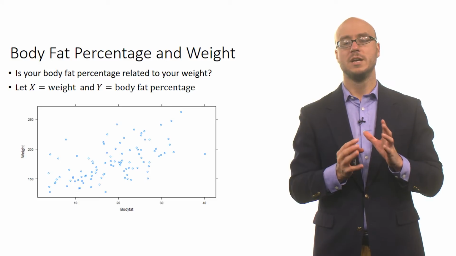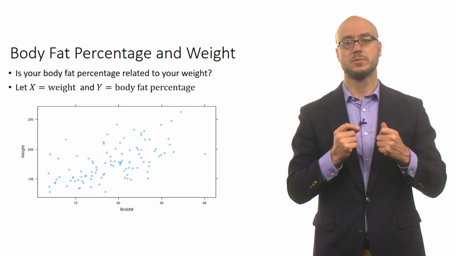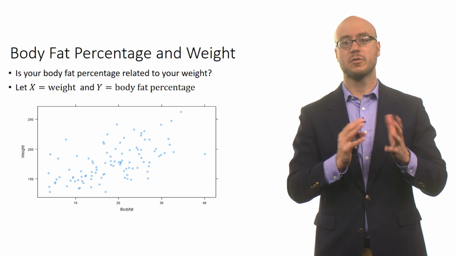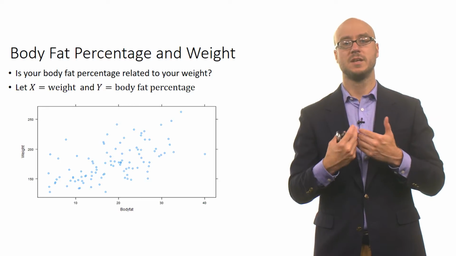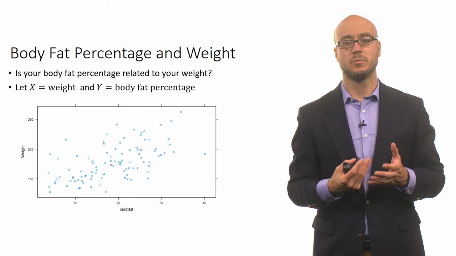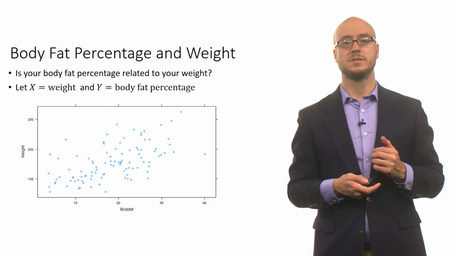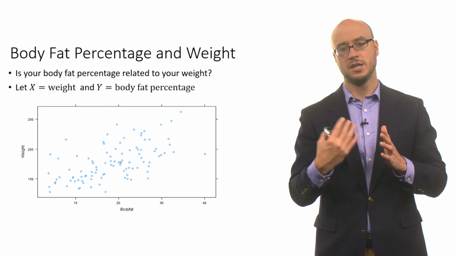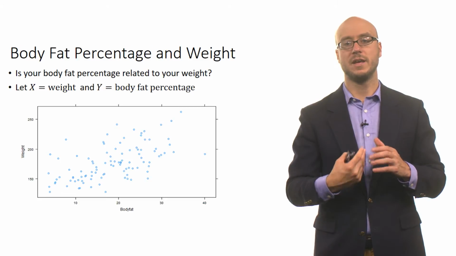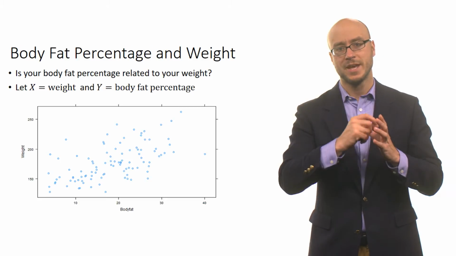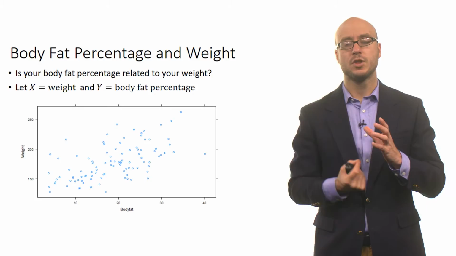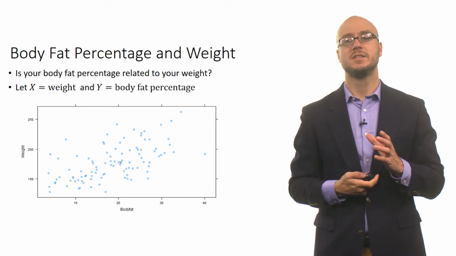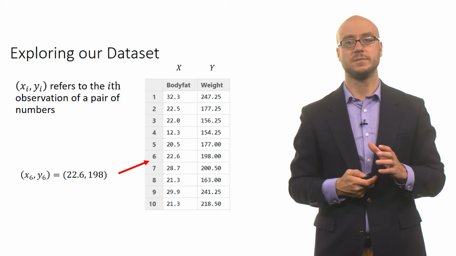And we just want to know, is there a relationship between people's body weight and their body fat percentage? So in this case, the variable on the x-axis is your weight, and the outcome is body fat percentage. And looking at the scatter plot, you can see that there's some suggestion of a positive linear relationship. As people's weight goes up, their body fat percentage tends to increase, and vice versa.